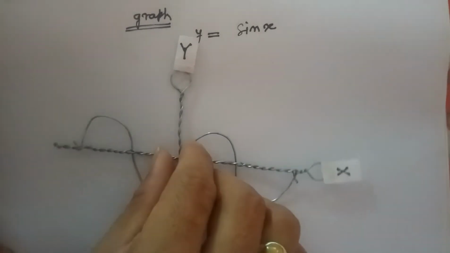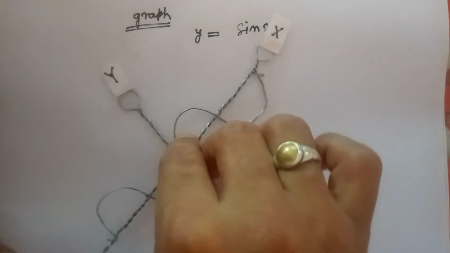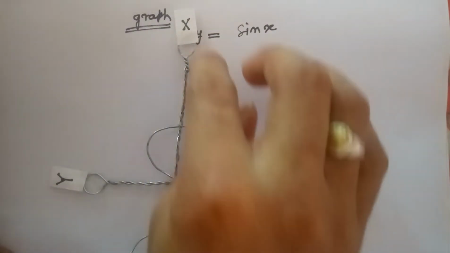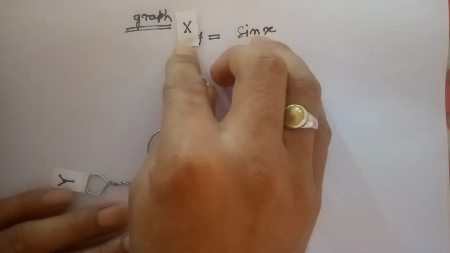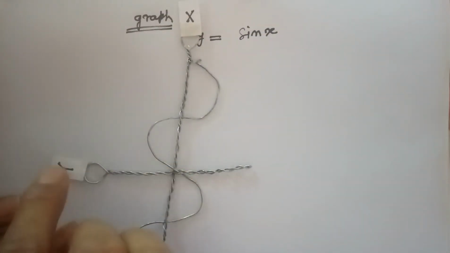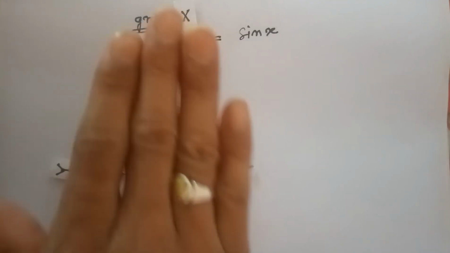First you make a rotation like this, one round. Earlier this side was y, this became x, and now this side is y, but we need this y here. So what can I do? I just reverse it like this.